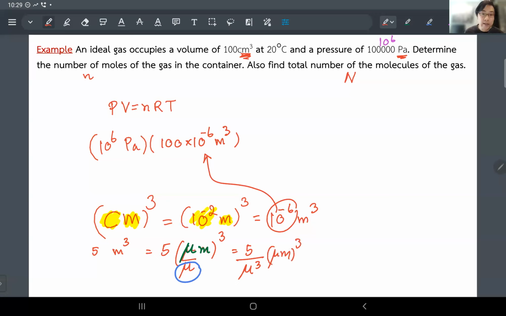That's my final unit that I want. And then at the end, it's going to be 5 times 10 to the negative 18. Then I can just flip it, and it's going to be 10 to the positive 18th cubic micron. And that is done.